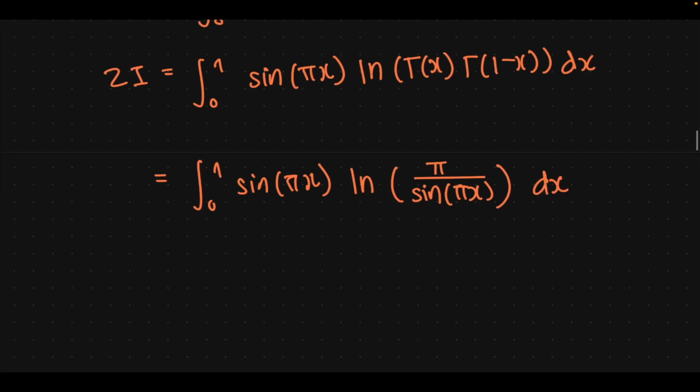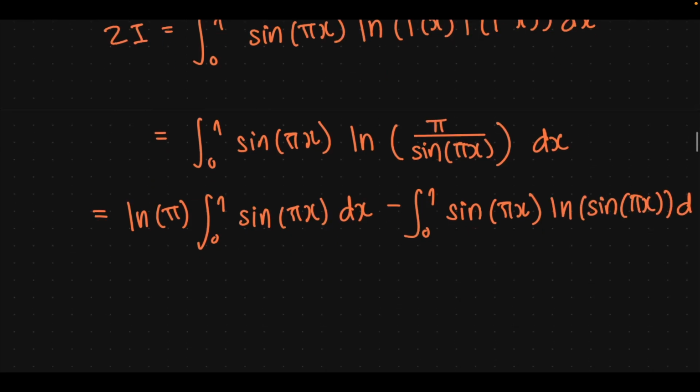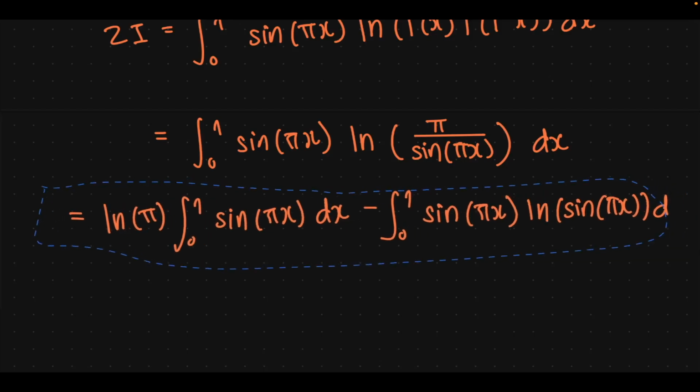Now that's nice. From this we get natural log of pi integral 0 to 1 sine pi x dx minus integral 0 to 1 sine pi x ln sine pi x dx. I should probably make some space for that.